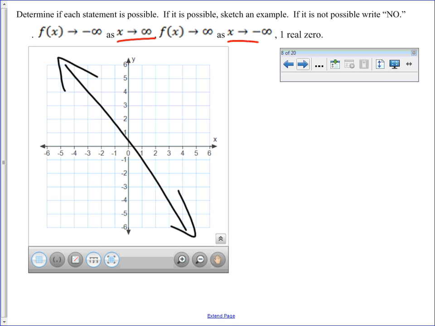Straight line, 1 zero. As x approaches infinity, f of x approaches negative infinity, and as x approaches negative infinity, f of x approaches infinity. So the easiest way to do that is just with a straight line.